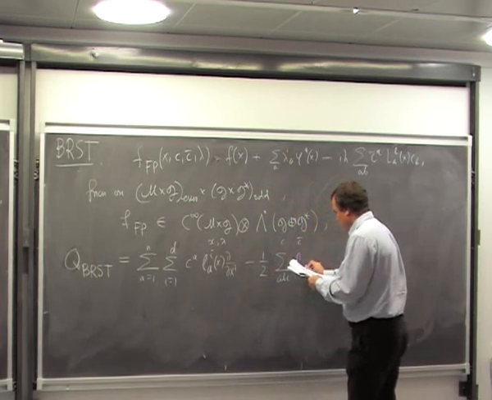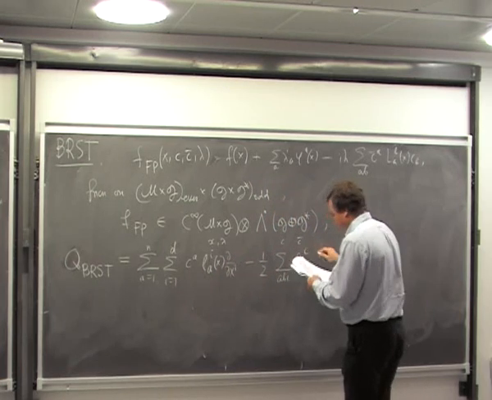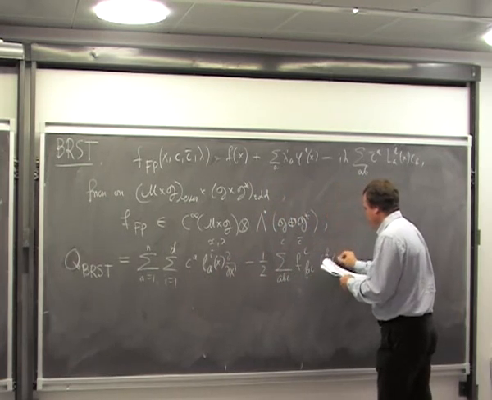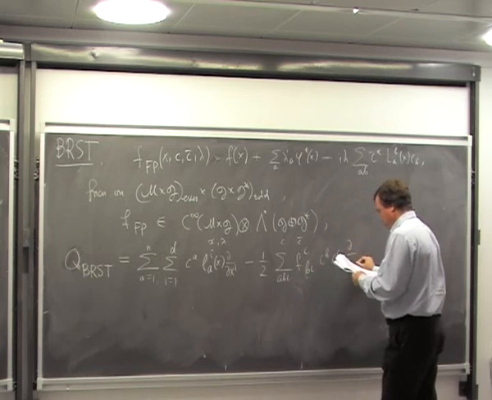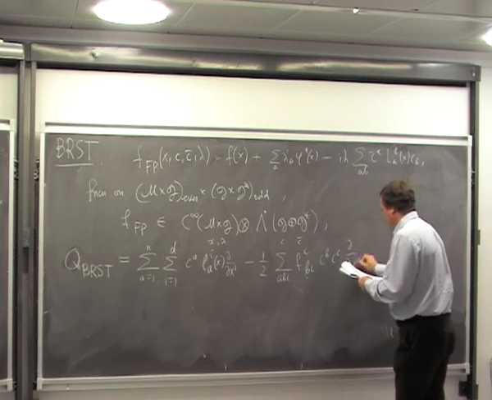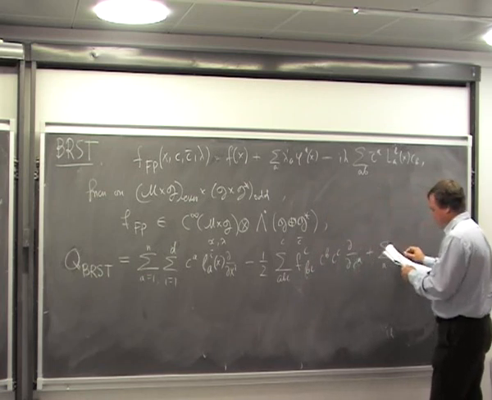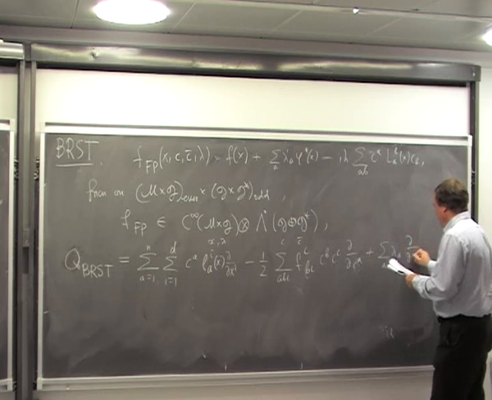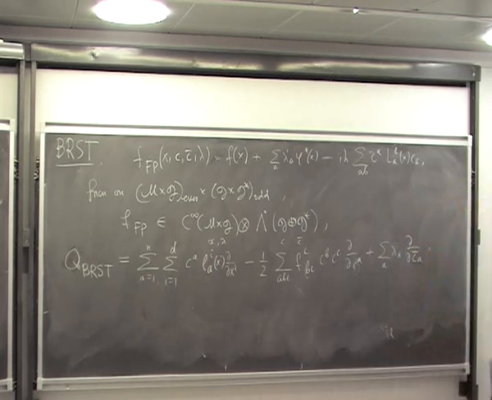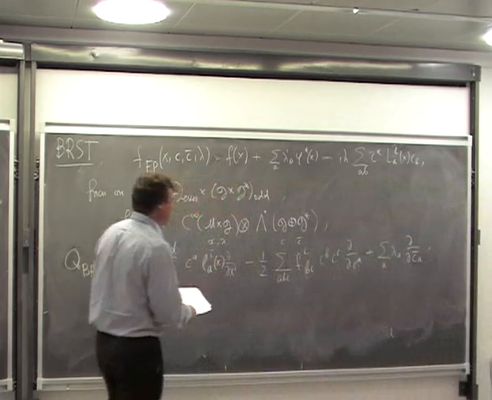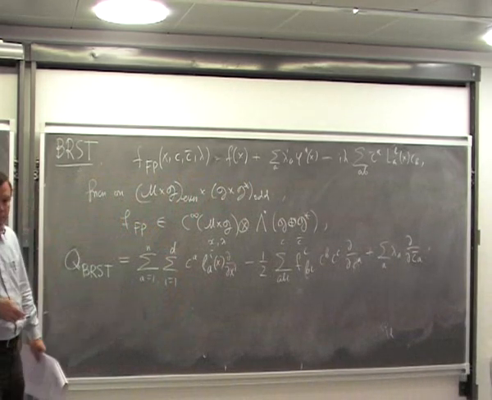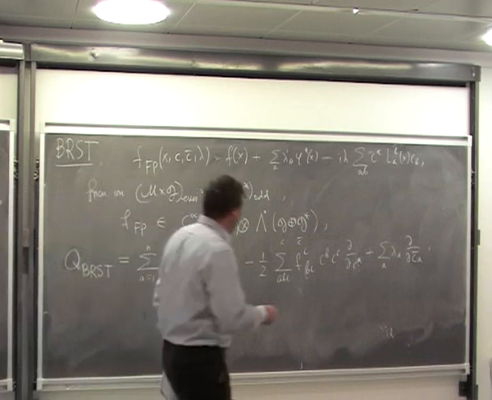So these are the structure constants of the Lie algebra, f_ABC. Plus sum over A, lambda_A, d/dC_A bar. Yeah.